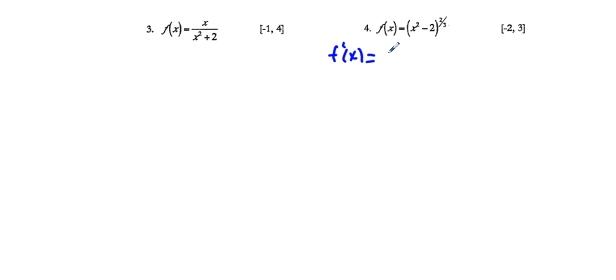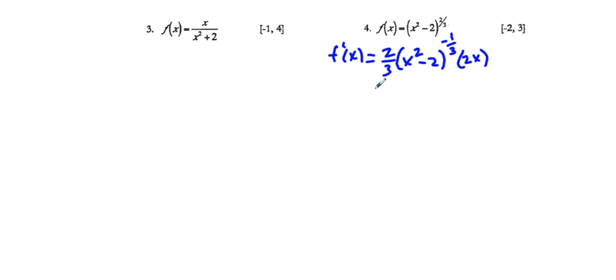So we're going to have 2/3 of x squared minus 2 to the 2/3 power minus 1, which is going to be the negative 1/3, and times the derivative of the inside, the chain rule, is 2x. The derivative of x squared minus 2 is 2x.